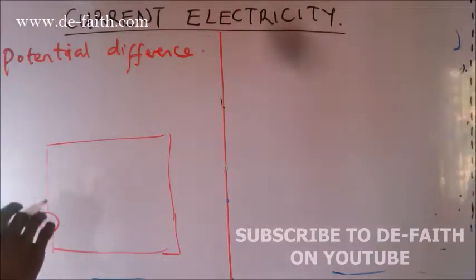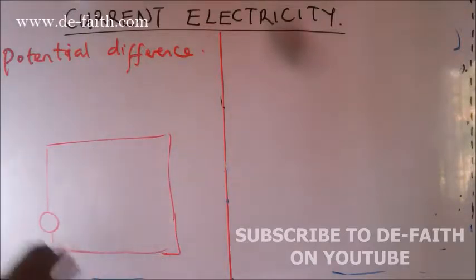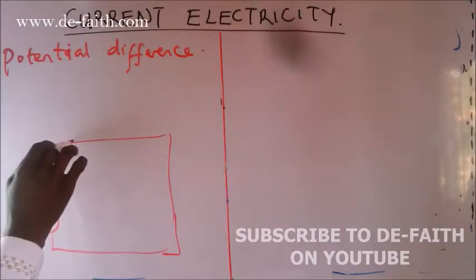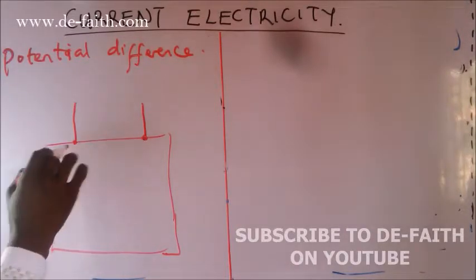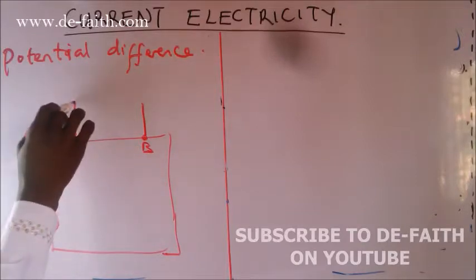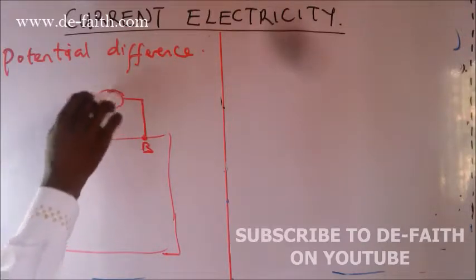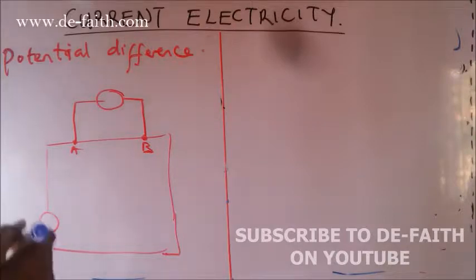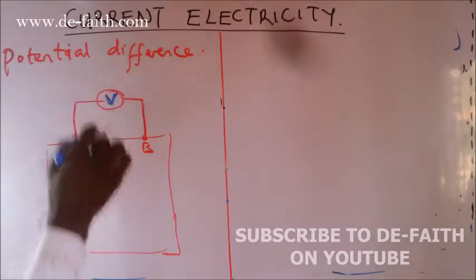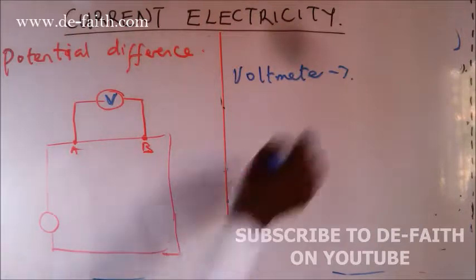Let's call this point A and point B. You connect an equipment there that will be able to calculate the potential difference, that is the work done to move that charge from point A to point B. Potential difference is measured with a voltmeter, so we can have it as V over here. The SI unit of potential difference is volts.